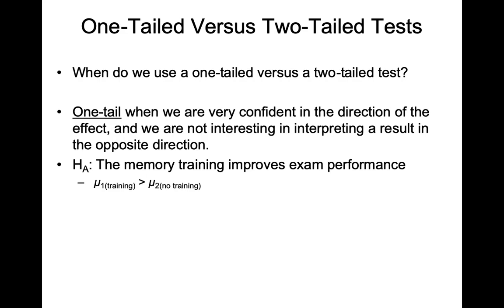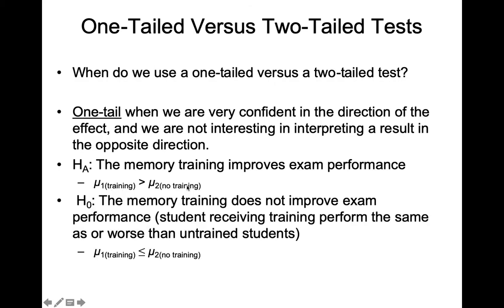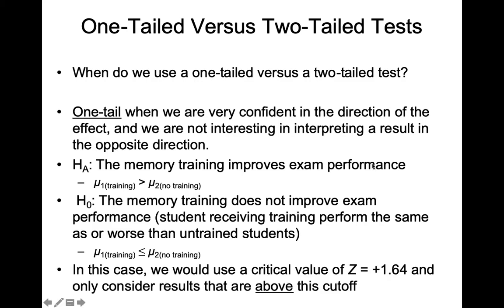So for example, our research hypothesis might be that memory training improves exam performance. On average, training results in greater exam scores than no memory training. Null hypothesis, memory training does not improve. In this case, we'll use a critical value of z as positive 1.64 and only consider results that are above this cutoff.